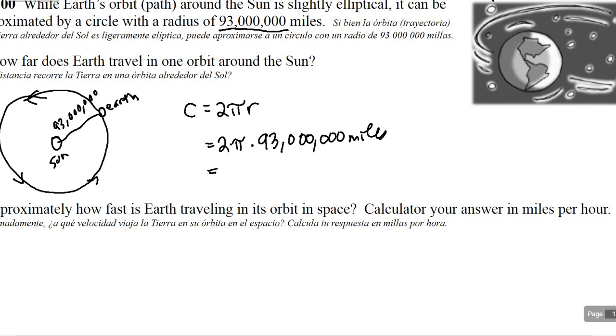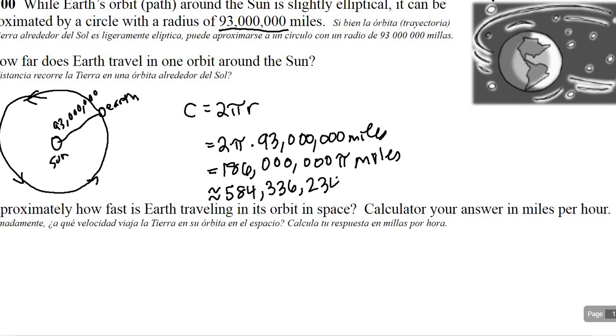If you put that in your calculator, you should get 186 million pi miles, which is approximately 584,336,234 miles.